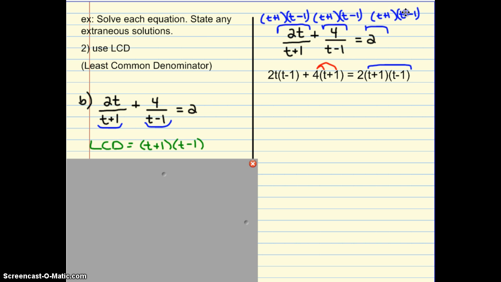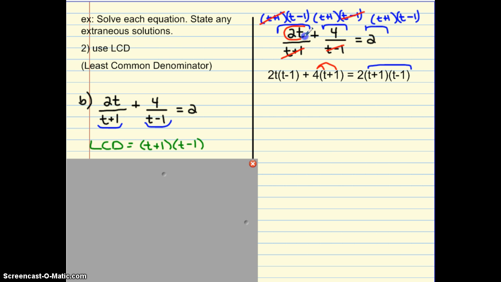And when I have this, what I'm going to notice is that things are going to simplify. So my t plus 1s are going to go, and my t minus 1s are going to go. And my t plus 1 and my t minus 1 are just going to stay here.